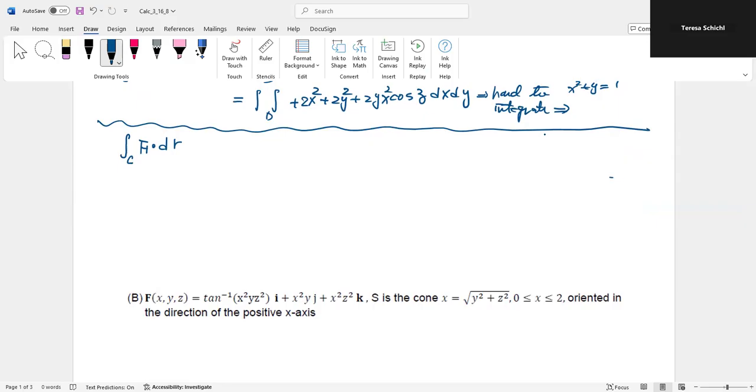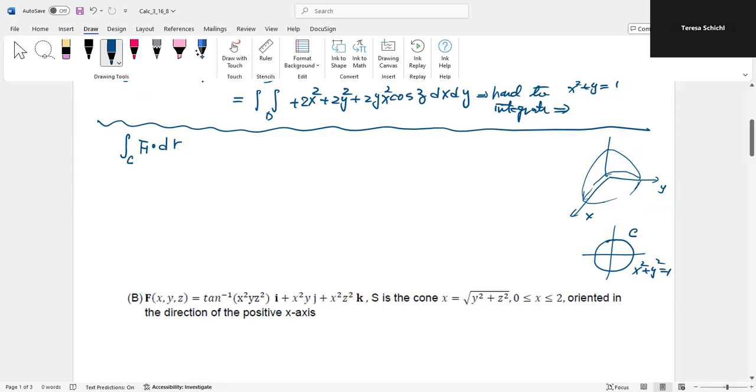So this is my surface here. I know that in the xy plane, it is enclosed by this curve, my C. This is x squared plus y squared equals 1, so this is the circle.